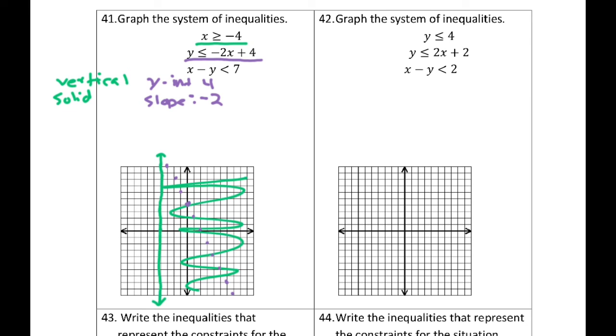And this will be a solid line because of the or equal to line underneath it. Less than means I'm shading below this line. So I'm shading over here.